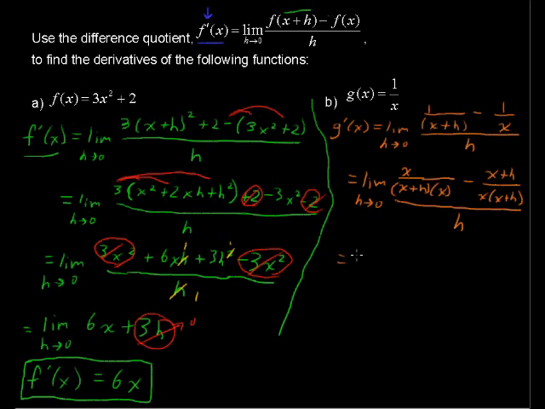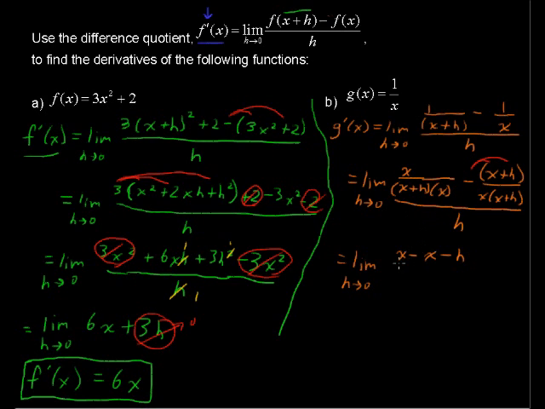So next line equals limit as h approaches 0 of x minus h. Notice that we were subtracting this entire numerator. So that subtraction sign carries through, distributes through.